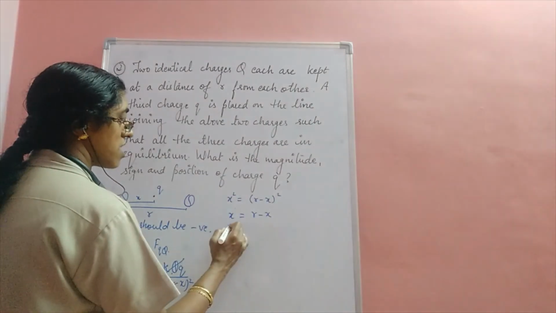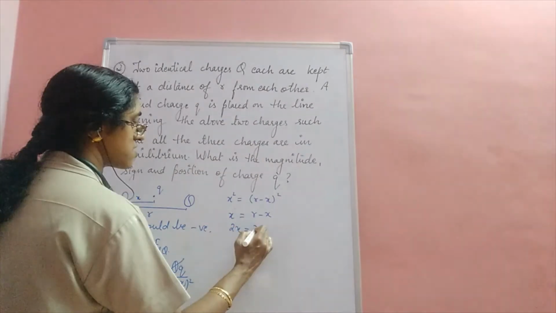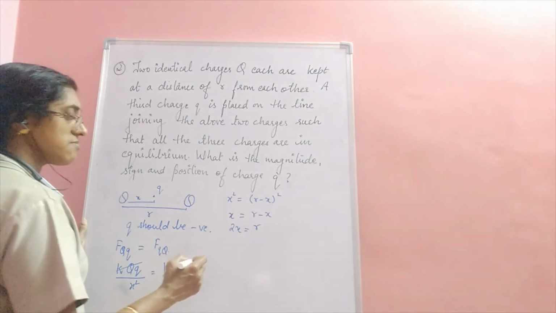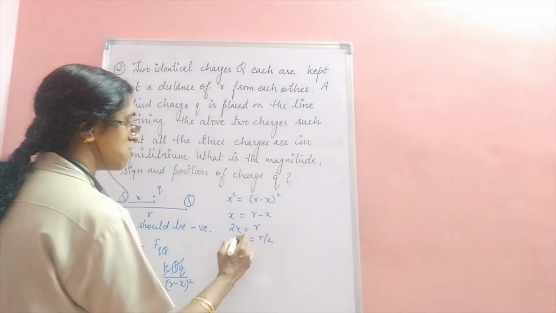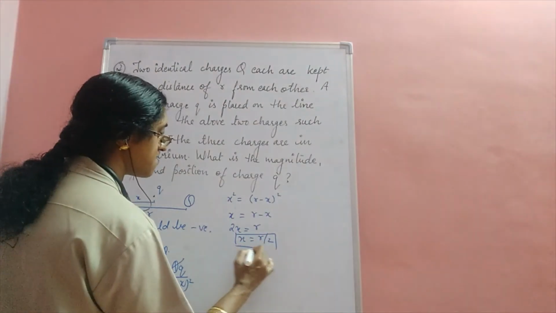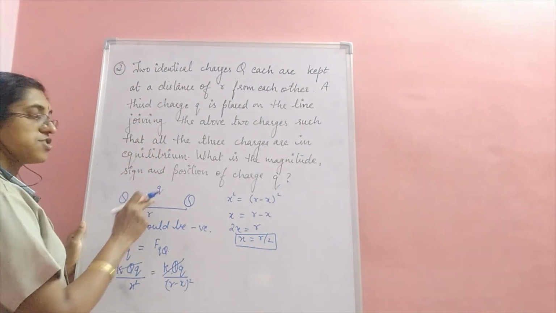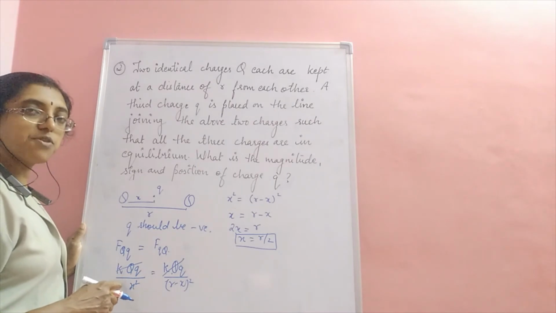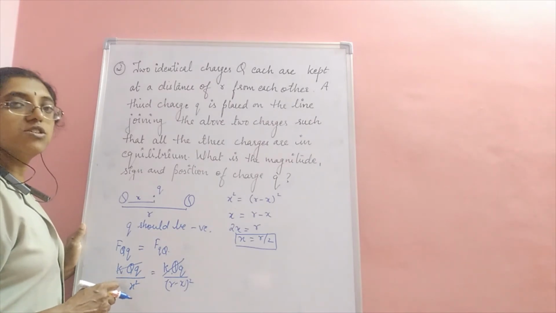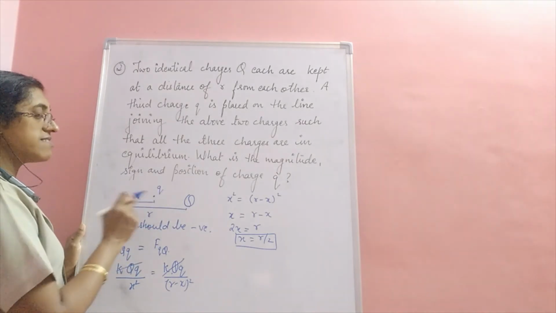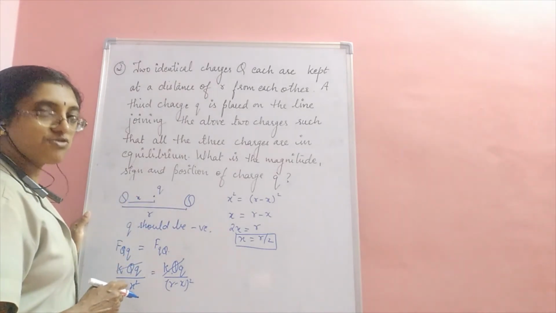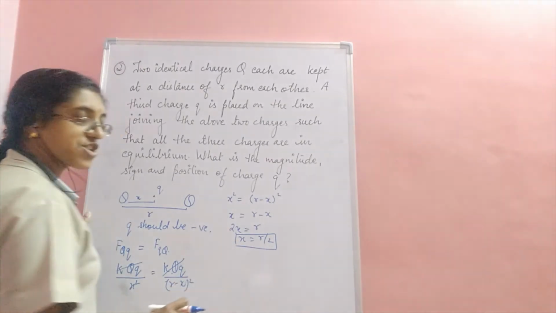Now, I can write 2x is equal to r, or x should be equal to r by 2. So where should the third charge be placed? The third charge should be placed at the midpoint of the two charges, that is capital Q's. That is, it should be placed at the midpoint between the two charges. So we have got the position.